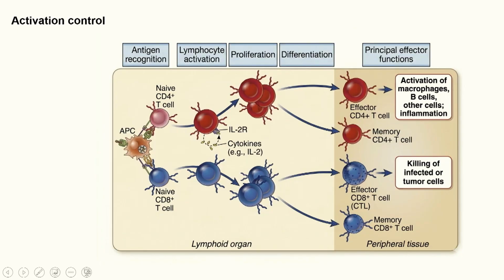Second is how these antigen presenting cells are doing activation, proliferation, and differentiation in terms of effector and memory T cells. What we understood is that the antigen presenting cell effectively displays the antigen in the form of MHC1 to the CD8 specific T cell population, or in the form of MHC2 to the CD4 specific population.